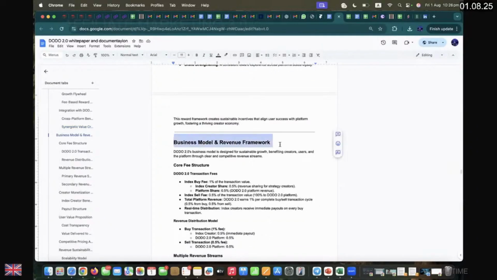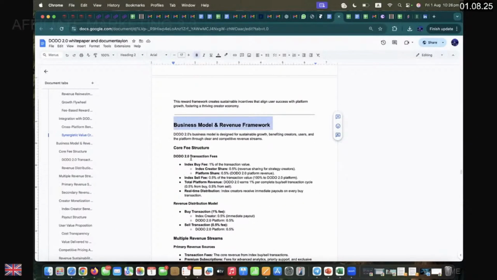Business model and revenue framework. So the revenue framework is the same. That is an index buying fee of 1% and a selling fee of 0.5%, and then a creator share of 0.5% for strategy creators, for index creators in both the stock market as well as in crypto indices.